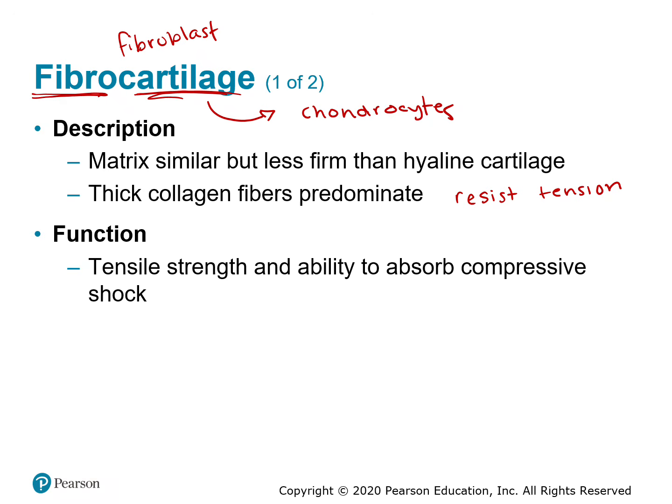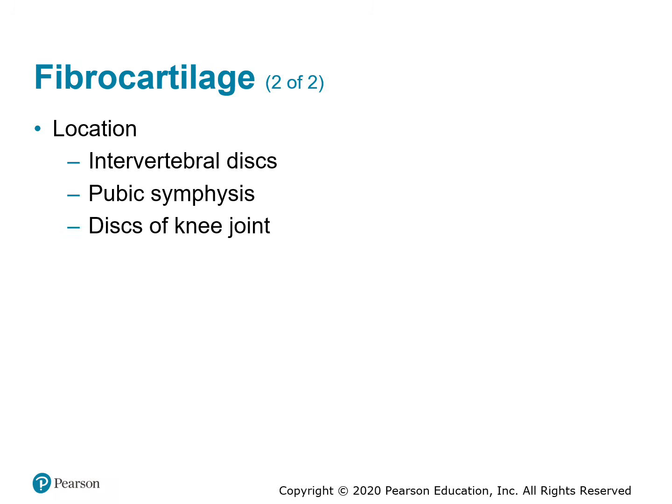You're going to find this type of cartilage between your vertebrae, in your intervertebral discs, in the discs of your knee joint, and in your pubic symphysis. All of these places take quite a bit of compressive force. Every time you jump, you are putting an insane amount of pressure on your knees and your spine.